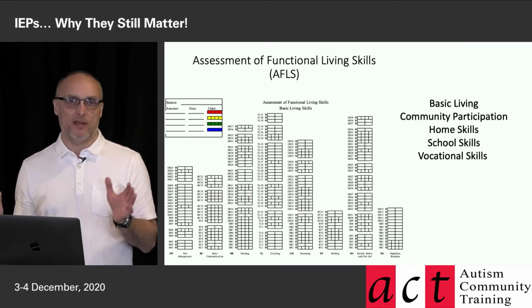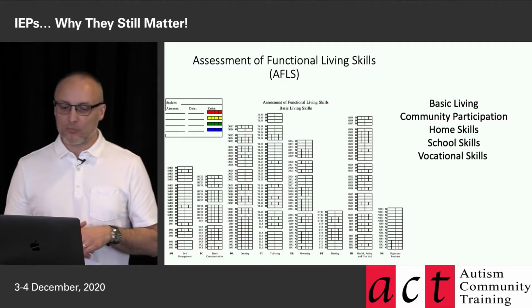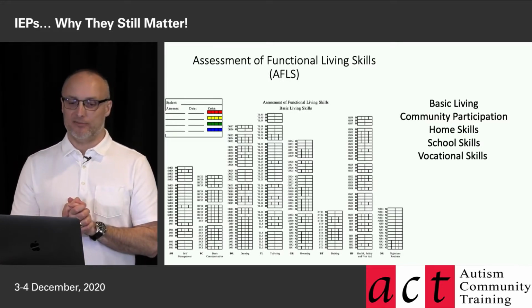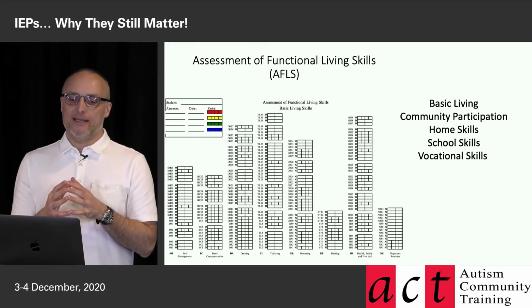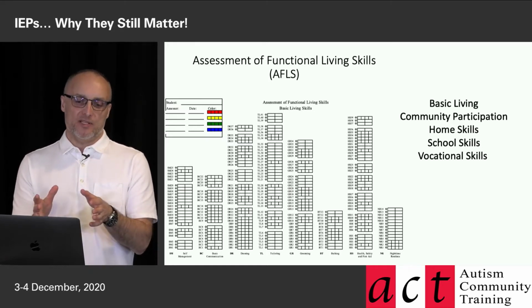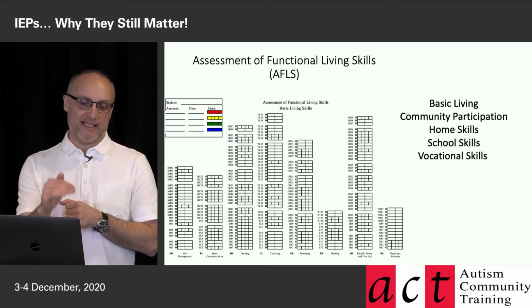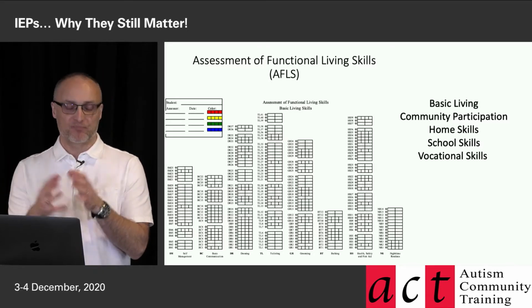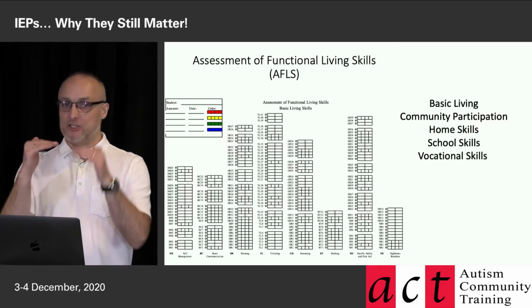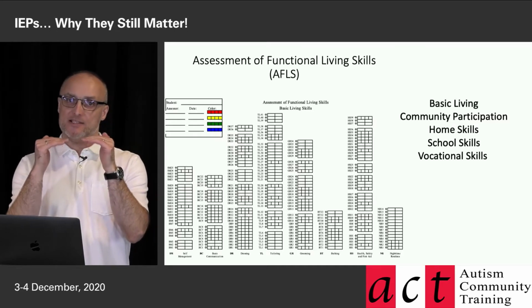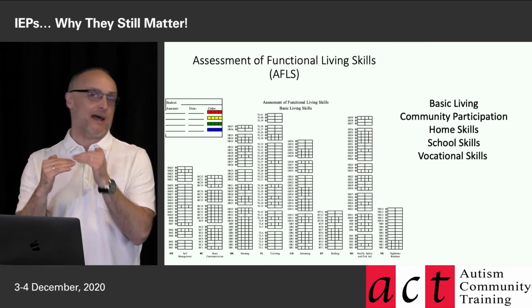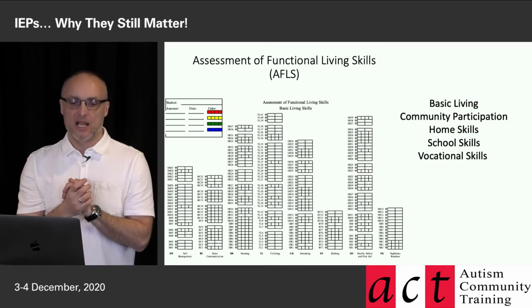I widely recommend that every high school or middle school should have these on their resource shelf. Each one of these columns represents a domain of life skills, and each of the rows within it represents a skill that builds in a developmental sequence from the lowest at the bottom to full adult skills at the top, roughly.